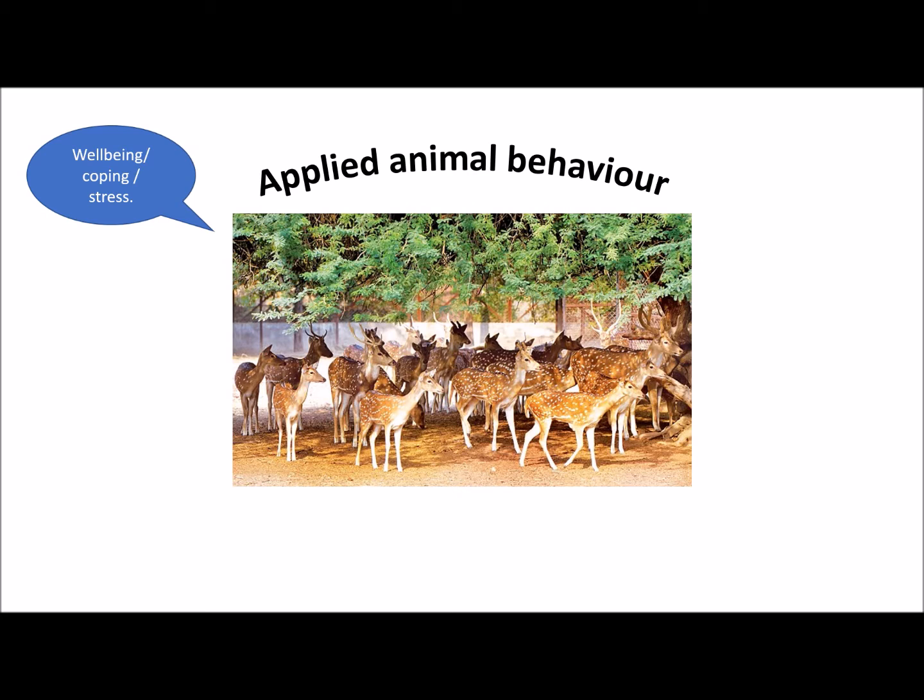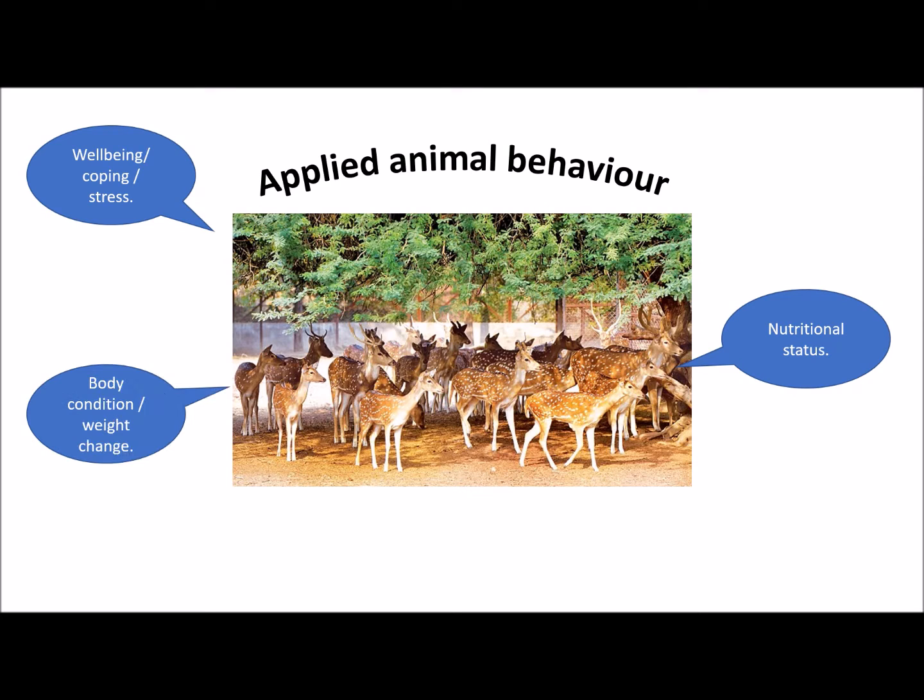How well is the individual doing within the environment provided for it? We could look at the animal's nutritional status. Is it feeding or foraging appropriately? Is it coping with social pressures on access to resources around it? Is its body weight going to change over time? Is its condition going to change over time based on the environment that it lives within?